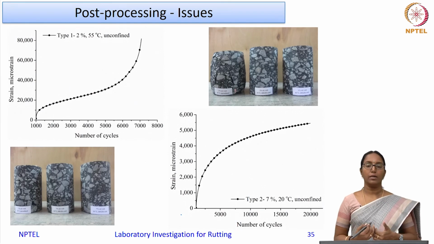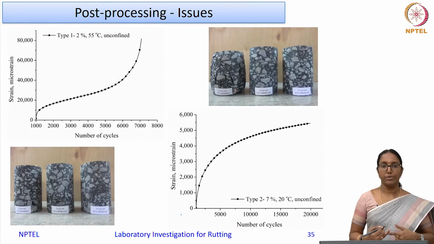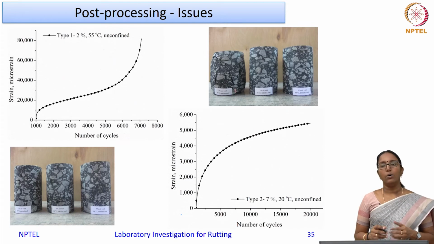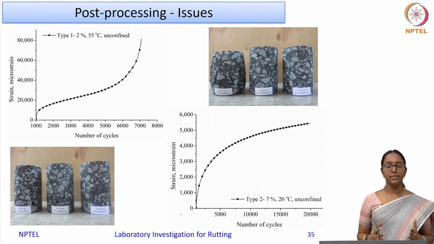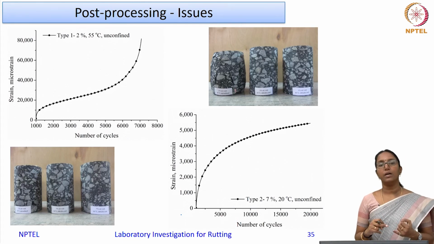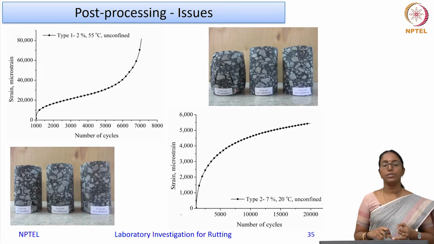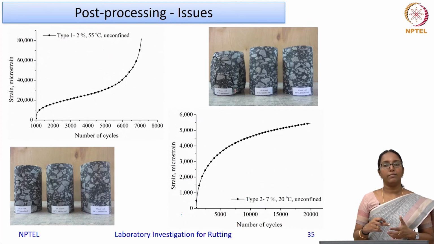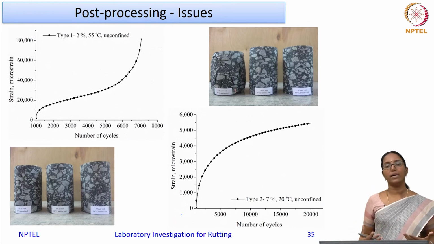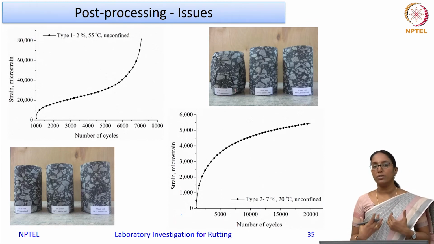As mentioned by the code, you have to do it at a higher temperature and on a specimen of 7% air void content. Now, the response of the material will depend upon so many factors: the aggregate skeleton, the binder used, the stiffness of the binder, the binder content, the air void of the specimen, and whether you are doing it in an unconfined or in a confined condition. All these factors will affect the response of the material.